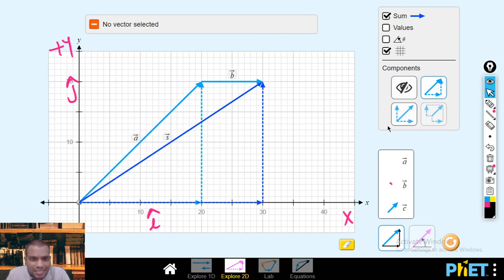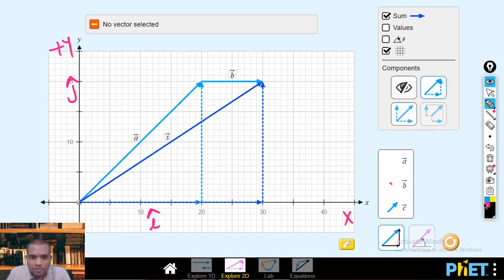Now if I take the sum, you can observe the sum also has components along the x-axis and along the y-axis. If you closely observe, the sum is combined here from the two components. Along the x-axis, this is one arrow which is the component along the x-axis, and this is another arrow that belongs to the b bar vector.